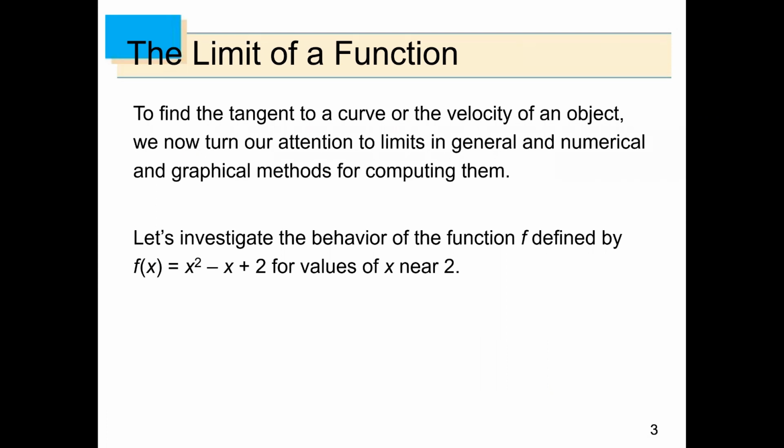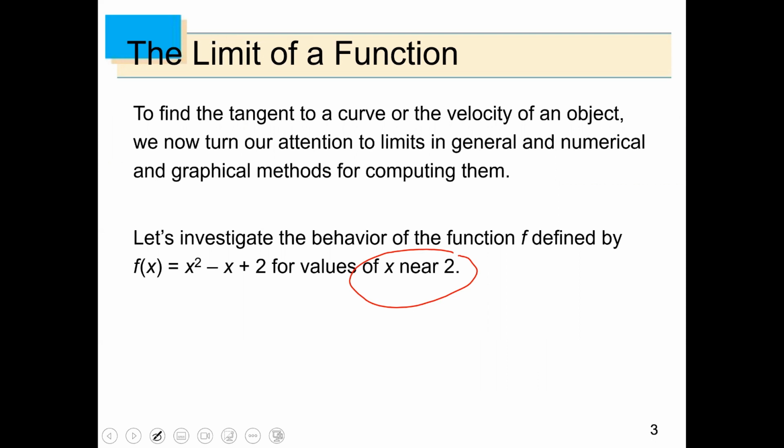So we take the example of the function f of x equals x squared minus x plus 2. And we want to get the limit of this function when x is near 2. Basically, you need to take some values close to 2.